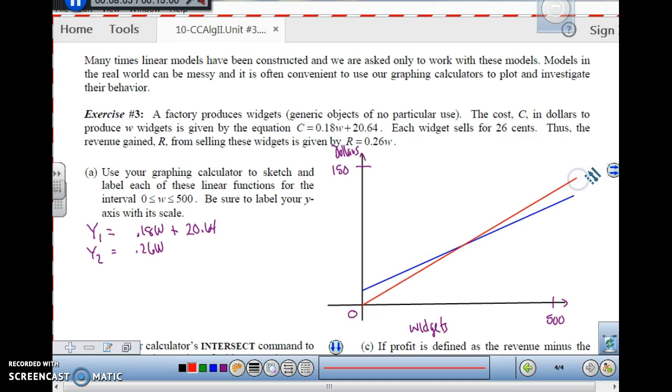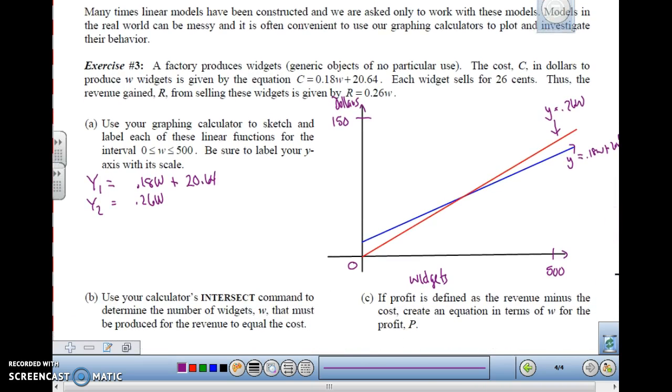Okay, so the blue one is y equals 0.18w plus 20.64, and the red one is y equals 0.26w. Okay, so there is my graph. All right, so that's a quick review of graphing them.